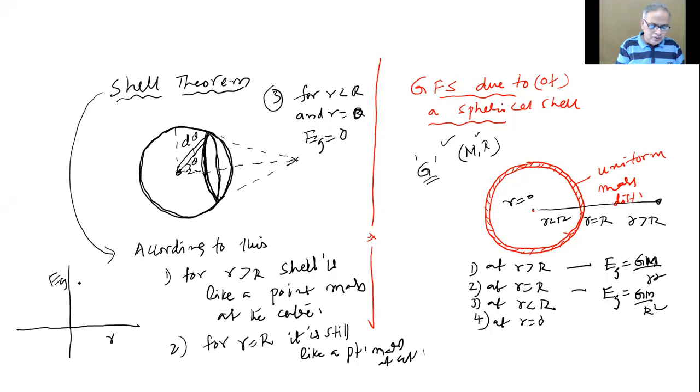It will be 0. The value won't be there at all until you come to r equals R. Later it is inverse. It changes as 1 by r square.